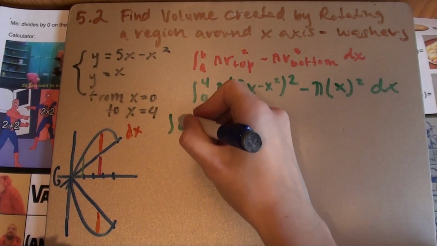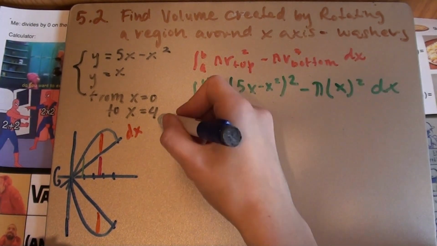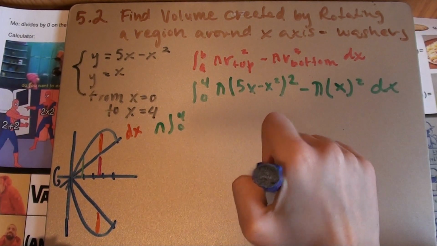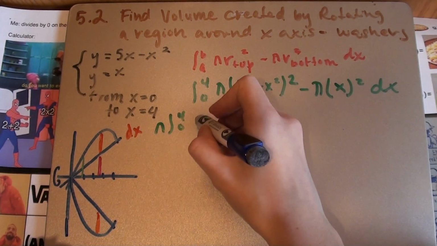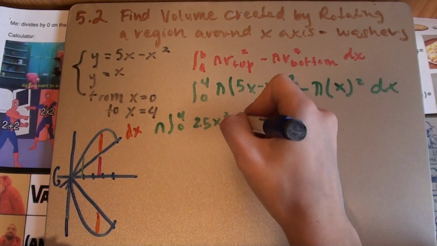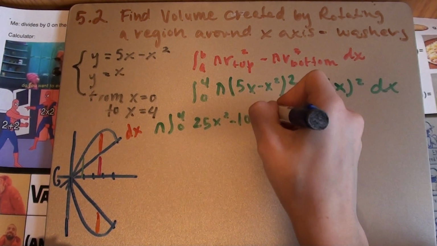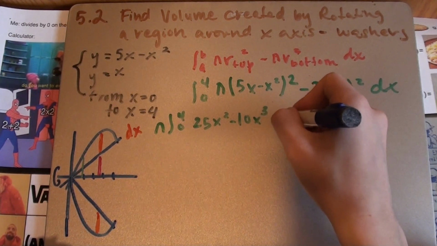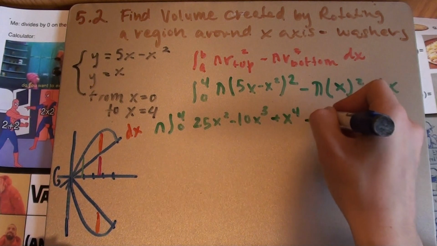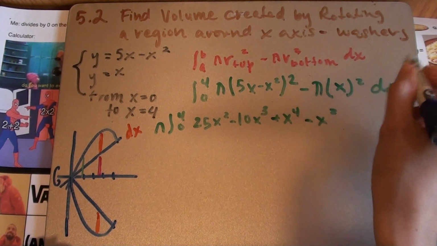So we're going to have 0 to 4, and I'm going to pull my pi out since we have a pi in both of them, just because it's going to hang out the whole entire time. So now we have 25x squared minus 10x cubed plus x to the 4th, and then this is just going to be minus x squared dx.